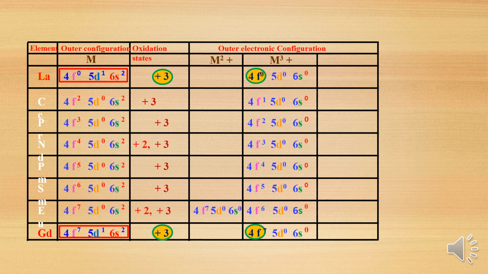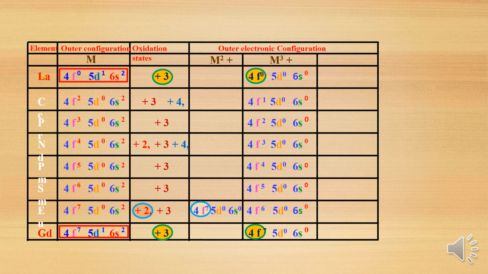You can see when the metal possesses the +2 oxidation state, you can observe the electronic configuration here: 4f7. The +2 oxidation state is due to the half-filled orbital.